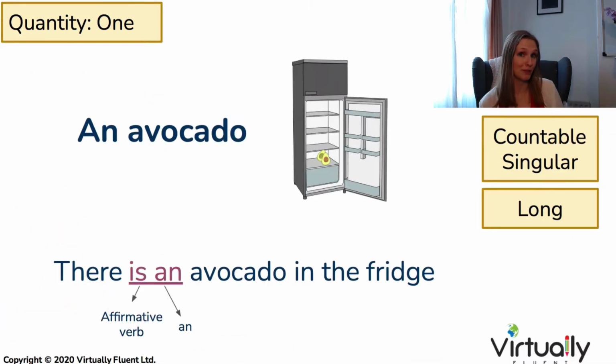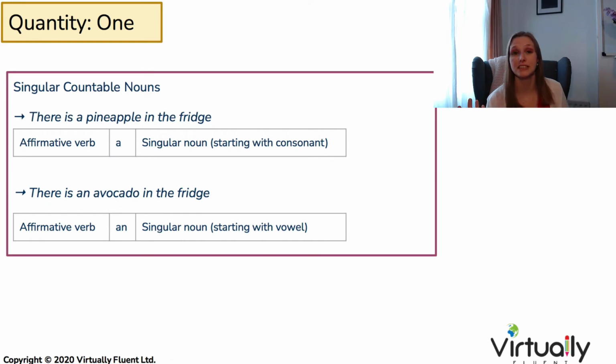And as I said before, remember that if our noun begins with a vowel sound, for example, avocado, then we need to use the indefinite article an instead. There is an avocado in the fridge. So remember, if it starts with a consonant sound, we use a. If it starts with a vowel sound, we use an.